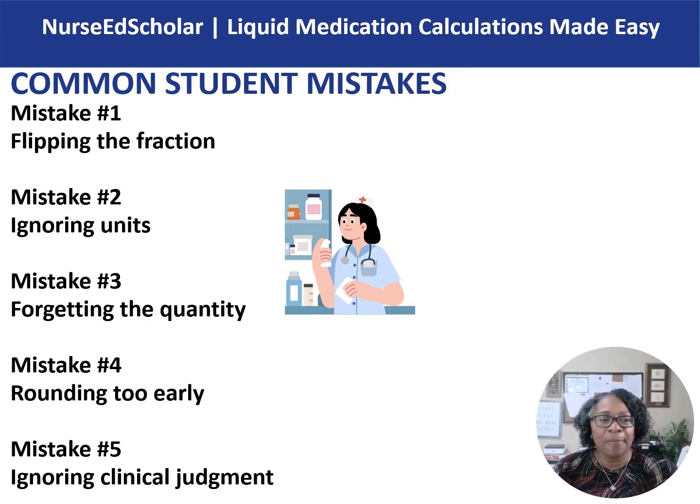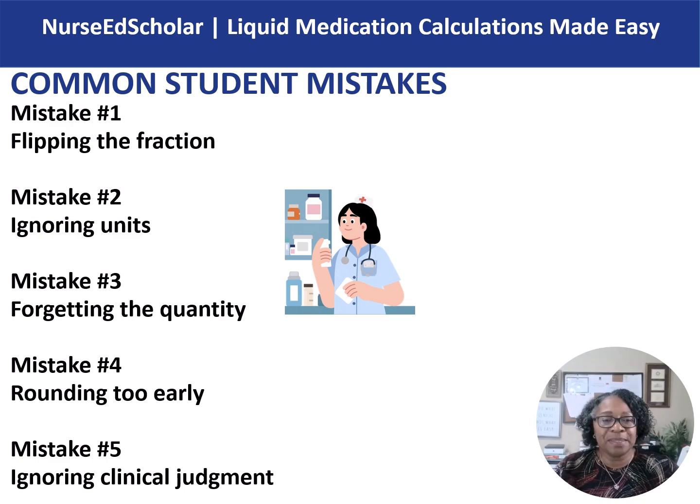Depending on the instructor, depending on the course, they may tell you to round to the tenth place. Sometimes you'll see them round to the hundredth place, but stipulate maybe the tenth place. They may even say a whole number. You just have to make sure that you are following your school directions and then the facility's protocols.